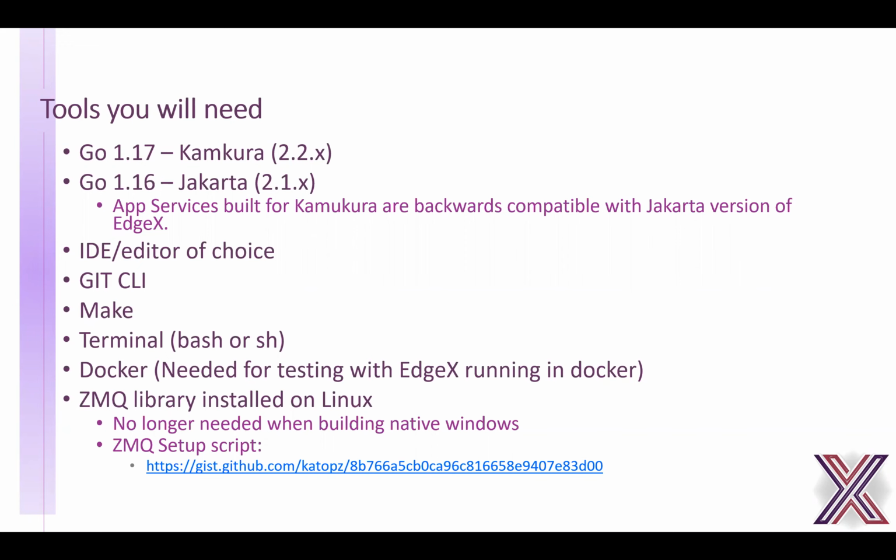They're all backwards compatible services, so you could still develop your new custom application service with Go 1.17 and the Kamakura SDK, and it will work with Jakarta. As long as the major versions match, they're backwards compatible. So a 2.2 built app service will run with 2.1 EdgeX.